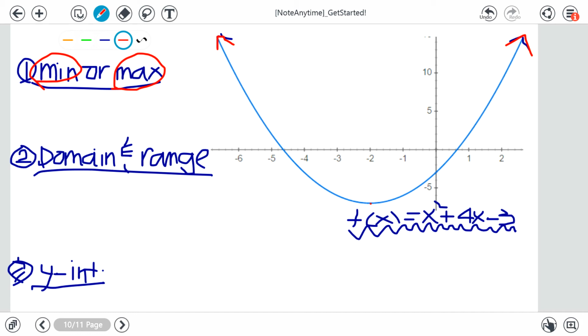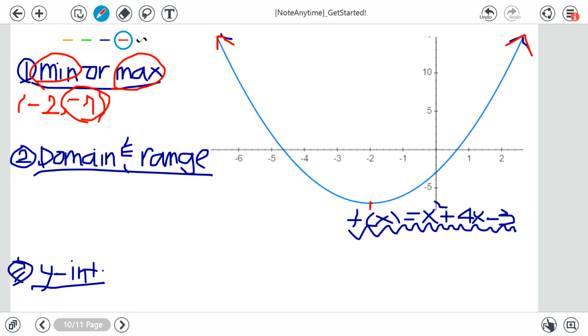I'm not going to go over how to find that point algebraically yet, but looking at this graph, we're going to guesstimate the point at about -2, -7. We're not really looking at the x-axis as much, because it doesn't matter as much here. I'm going to say that my min is at this point, and the y value, the most important thing, is -7, which is the lowest point that this graph will go through.